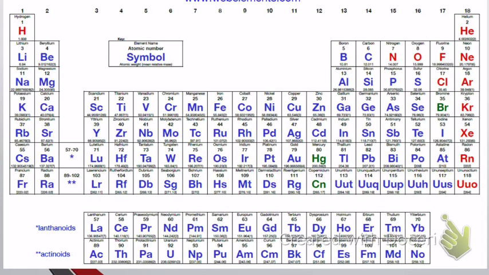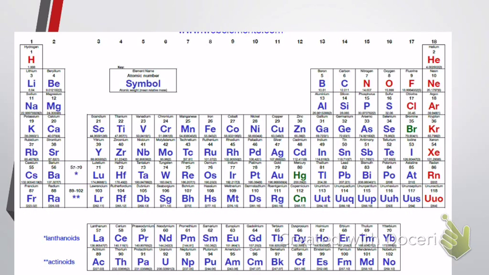For example, let's work on zinc. So zinc has 30 electrons. Okay, so we said we're going to work on zinc.